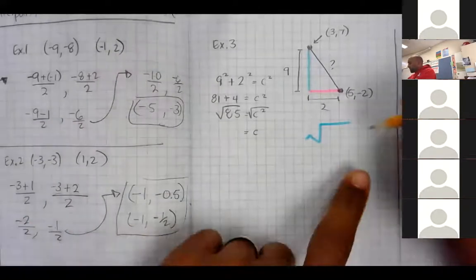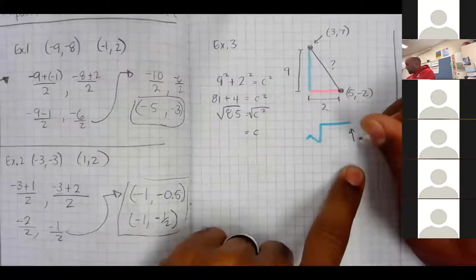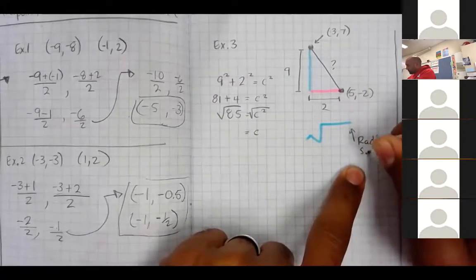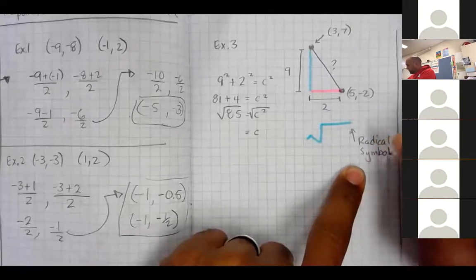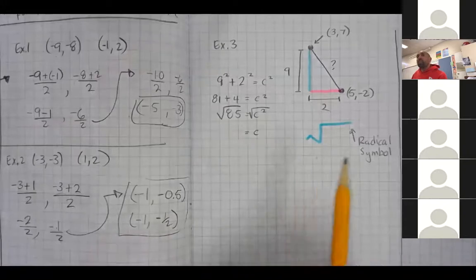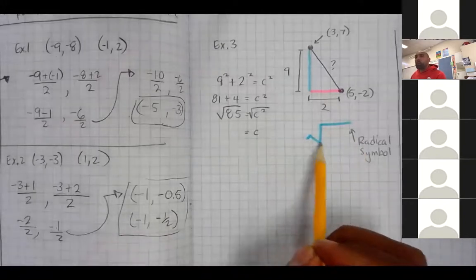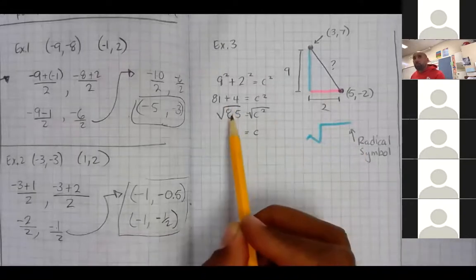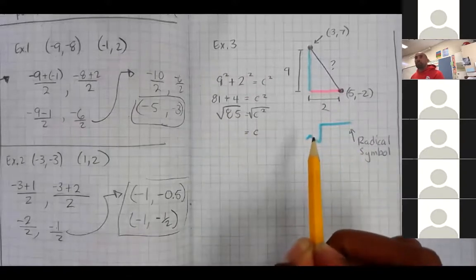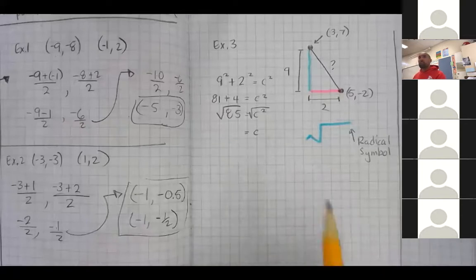So this symbol is the radical symbol. What it means is that we want to keep that symbol. We don't want to get rid of it and actually square root the number and get some decimal value. We want to keep that number. Okay, so simplest radical form means keep it.